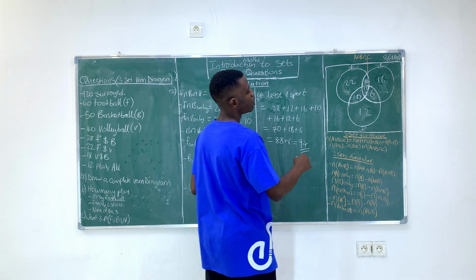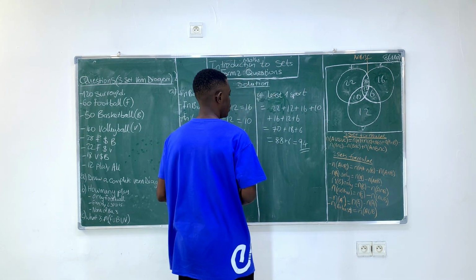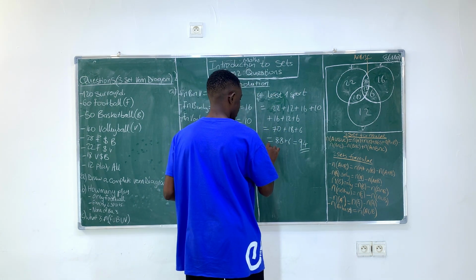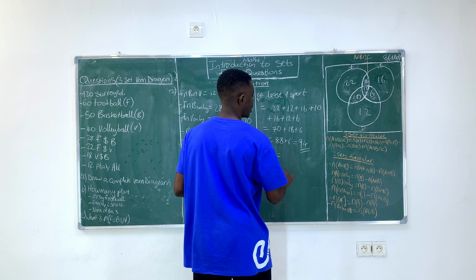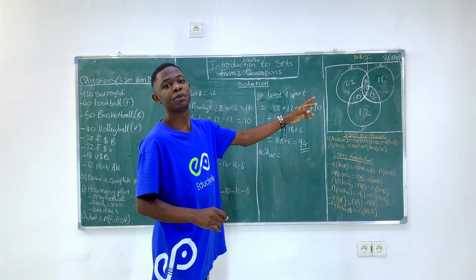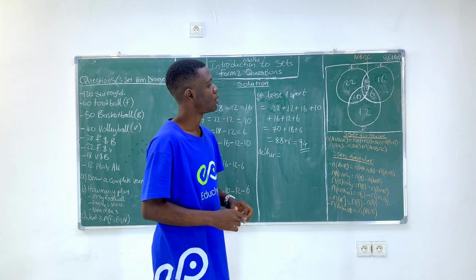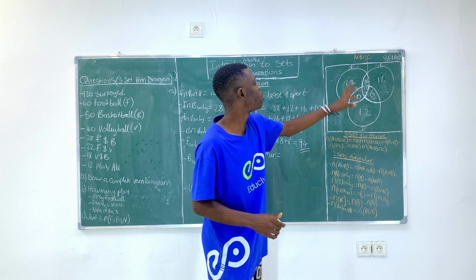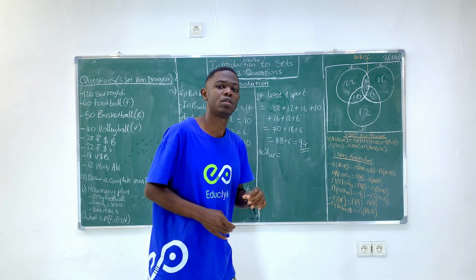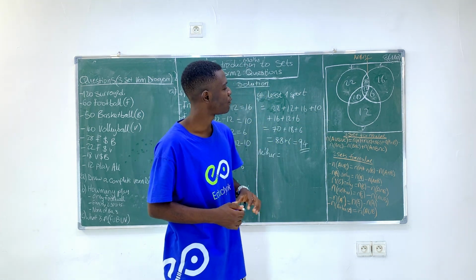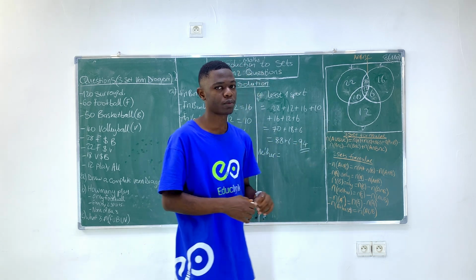So now you want to know the number of people that don't do any sport. So for neither, what is the formula? You will take the total number of people that were surveyed minus the total number of people that do at least one sport. Like that, you have people that don't do any sport.